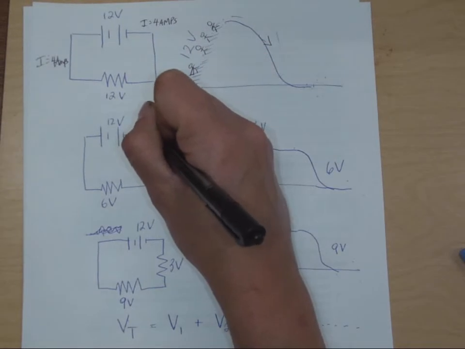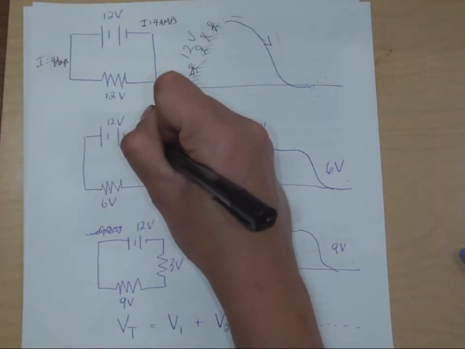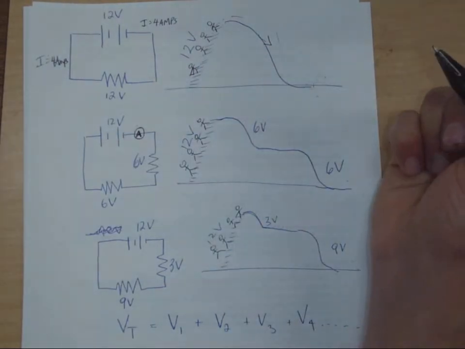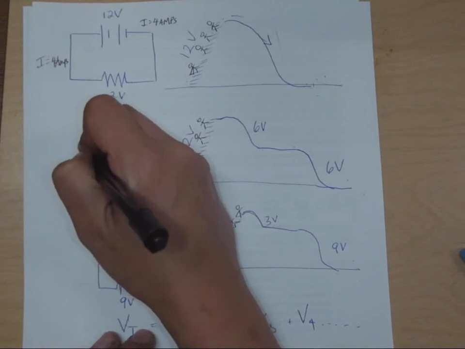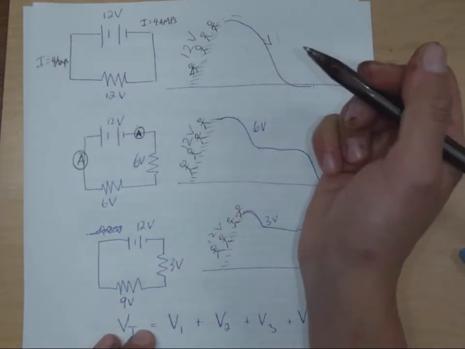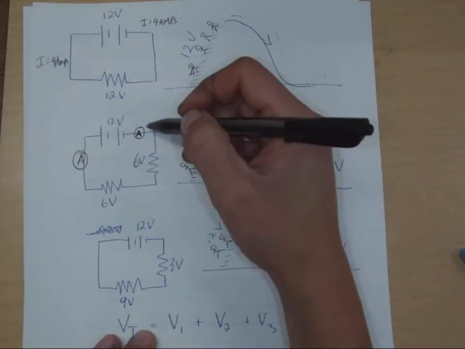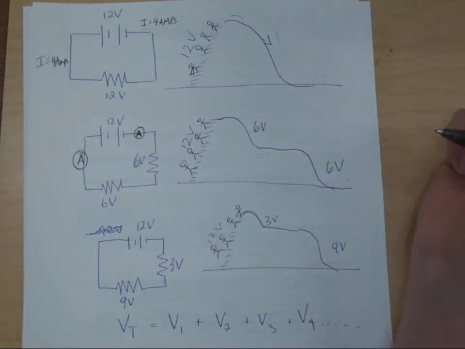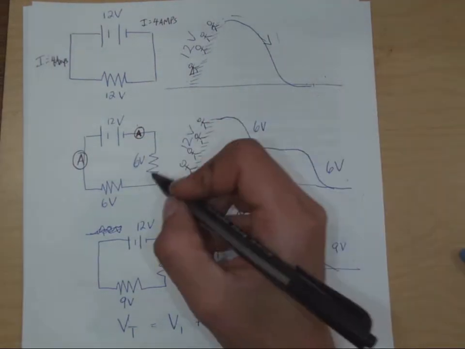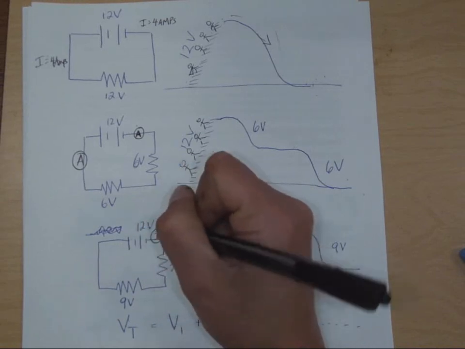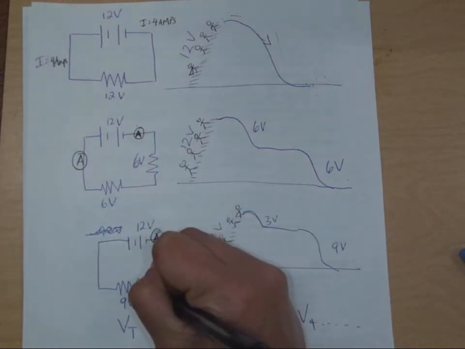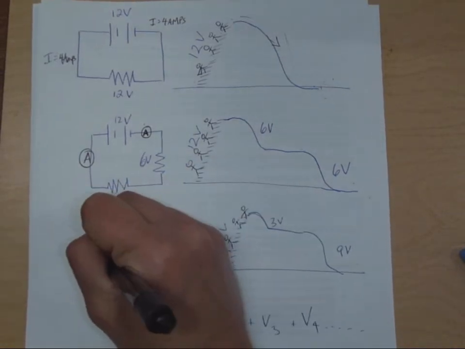And you might actually even see what's called an ammeter. An ammeter is a tool that measures the current in a certain location along a circuit. And everywhere along a circuit that is set up in series will have the same amount of current. So it doesn't matter if you measure it here, or sorry, that should be an A. It doesn't matter if you measure it here. It doesn't matter if you measure it here.